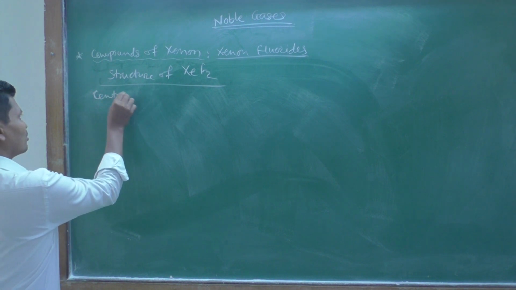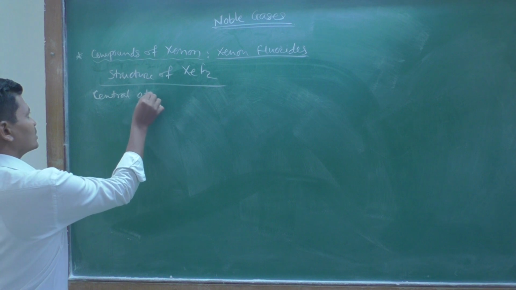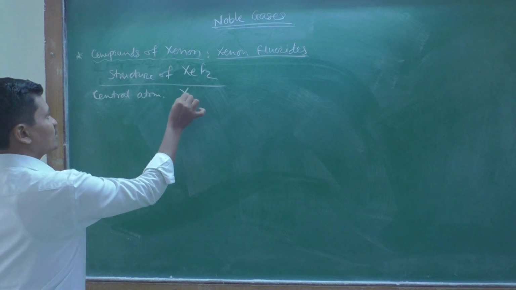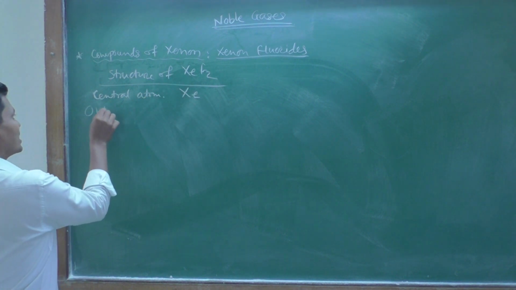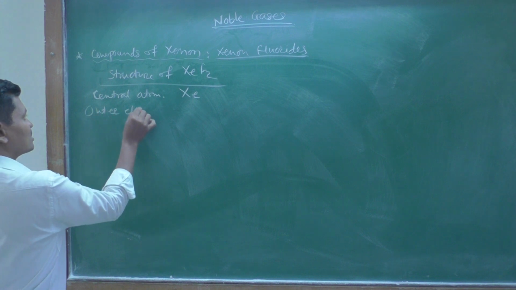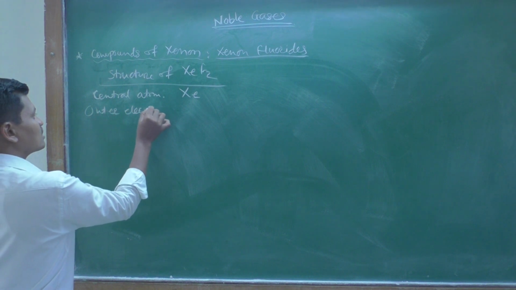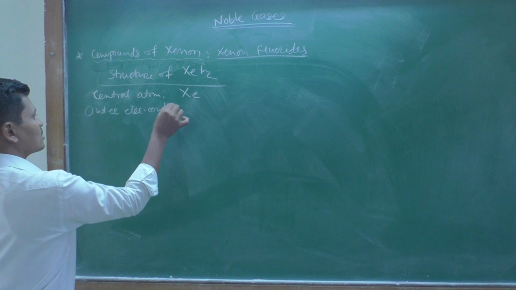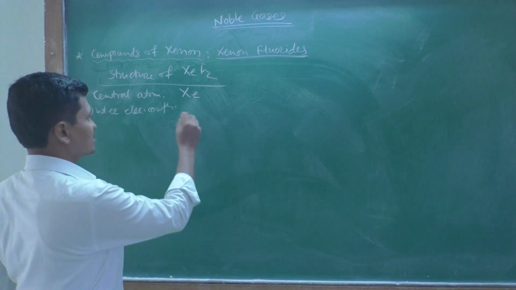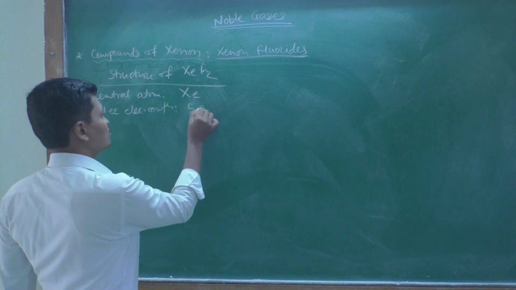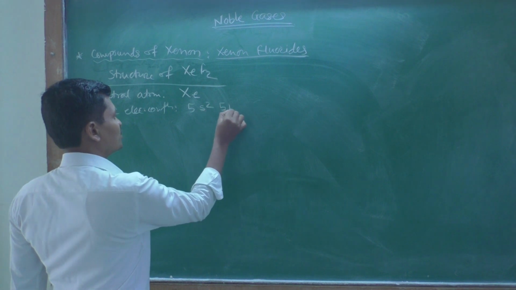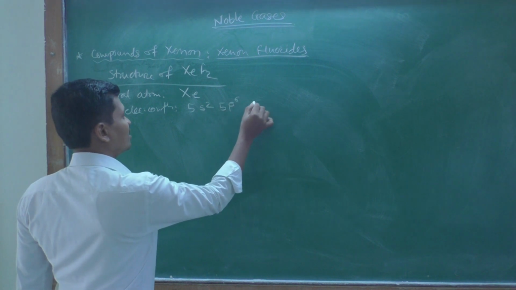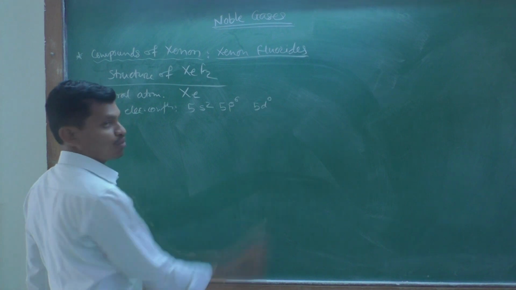First of all, we have to think about the central atom. So the central atom is xenon in this case. Outer electronic configuration for the xenon is 5s2, 5p6 and 5d0, okay.